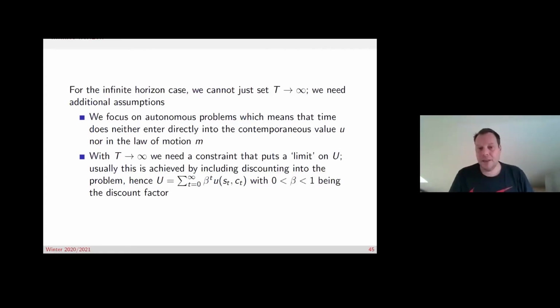But since the weight that you put on that is so super small, you might have a situation where there's a limit on this sum, which is good, because then again we are back in business. If there is some limit on this objective, then it should at least matter which control sequence you choose, because obviously the limit is basically a number. By adjusting your behavior, you could pick the largest number that is possible given all the constraints that you have. So this is one qualification that we need.